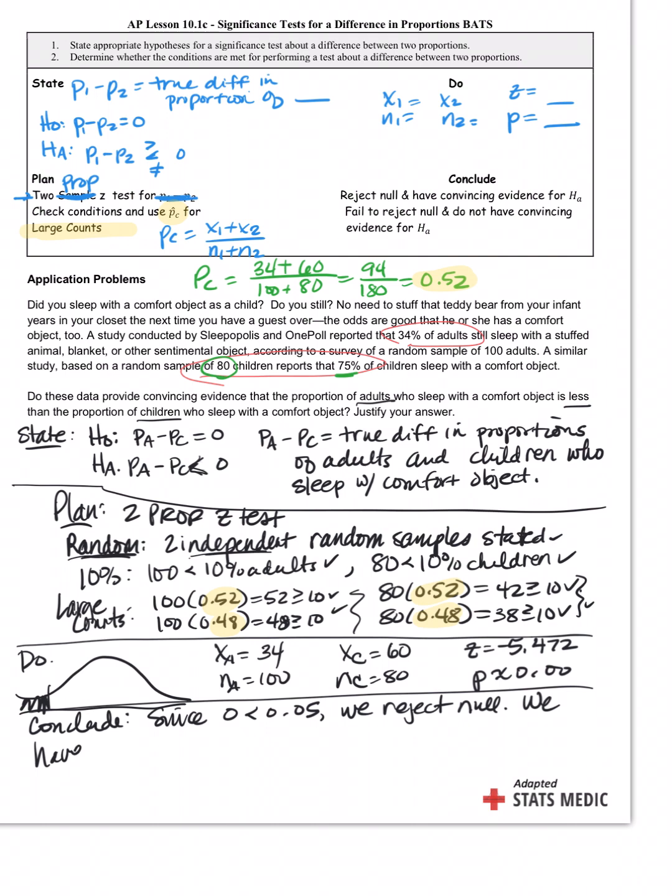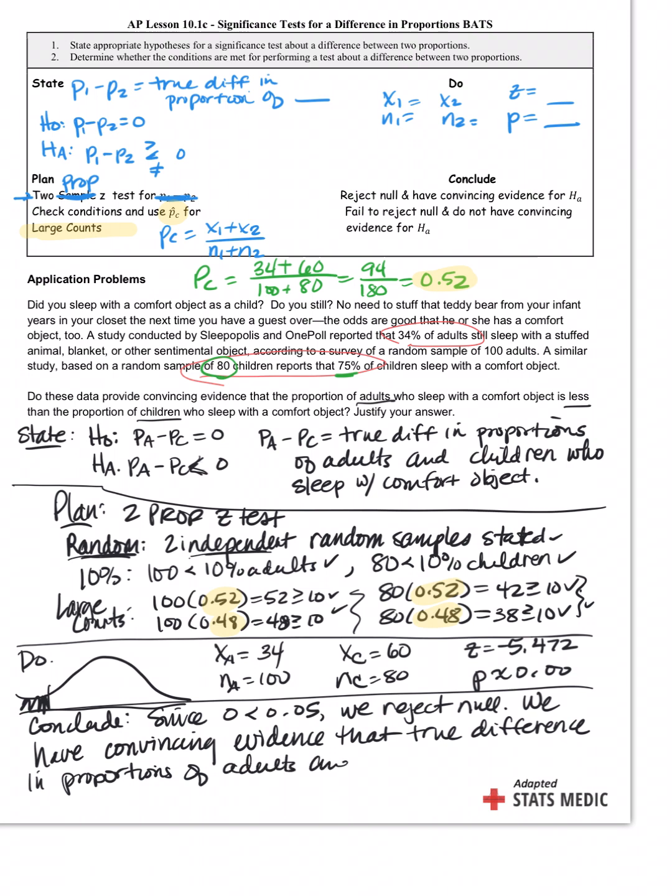We have convincing evidence that, going back to my parameter at the very beginning of the state, the true difference in proportions of adults and children who sleep with a comfort object, that true difference is less than 0.